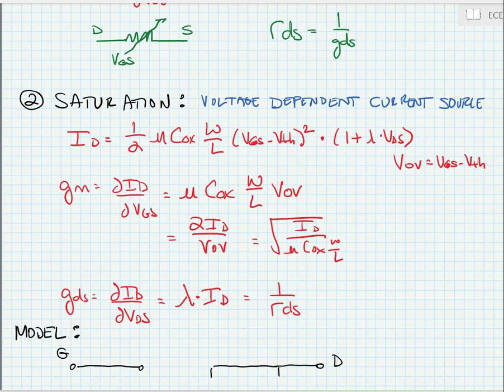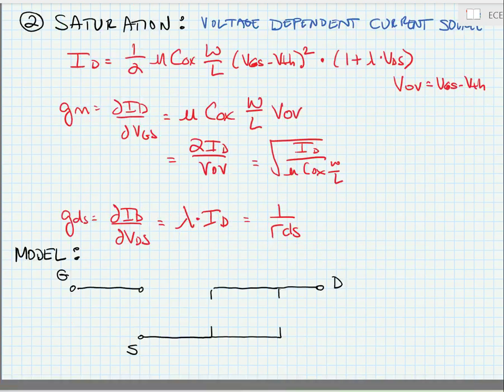We can now put everything together into our model. We have our transconductance, GM times VGS. VGS is the voltage between the gate and source terminals. We have our drain to source resistance, RDS.